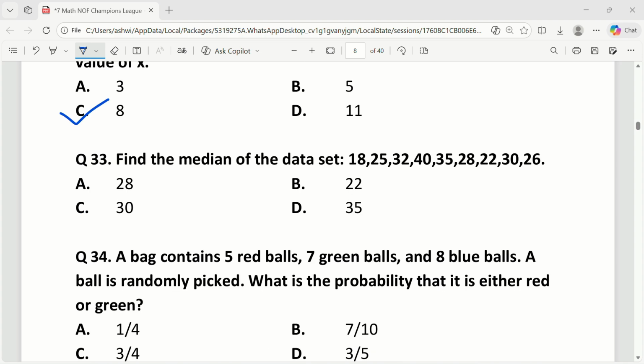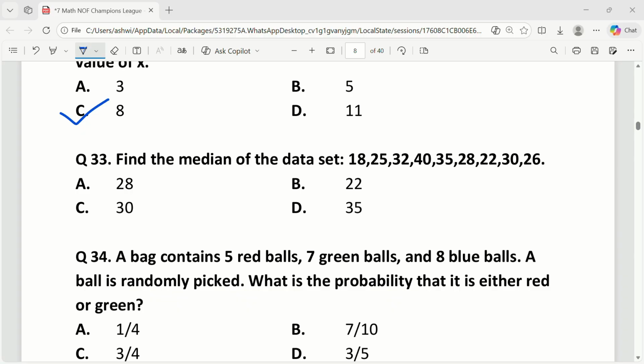Question 33. Find the median of the data set 18, 25, 32, 40, 35, 28, 22, 30, 26. The first step in finding the median is to order the data set from least to greatest.